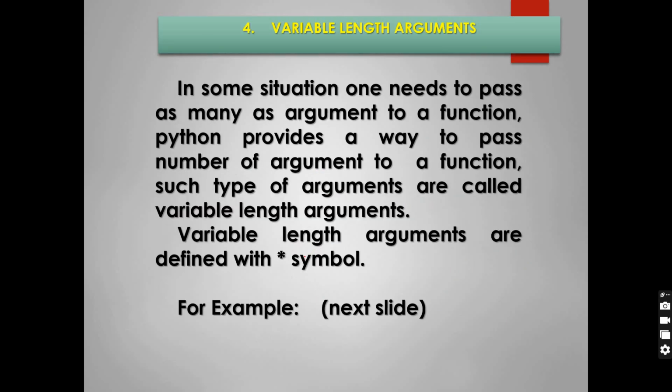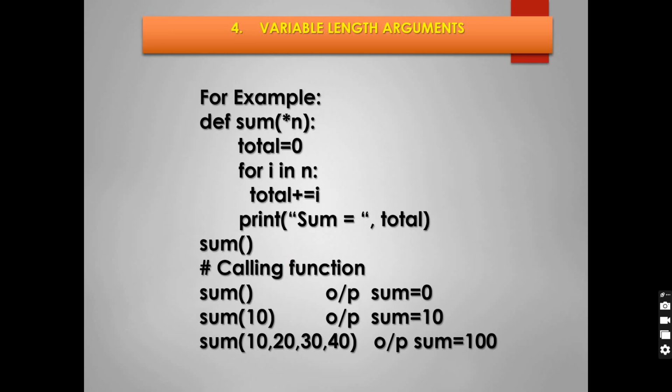What about variable length? When we don't pass the exact number of arguments, sometimes we pass only one, sometimes two, or sometimes three, then they are called variable length arguments. How do we indicate variable length? By the star symbol. Define sum with star n. In the first case we are not passing any arguments, so the sum value will be 0.